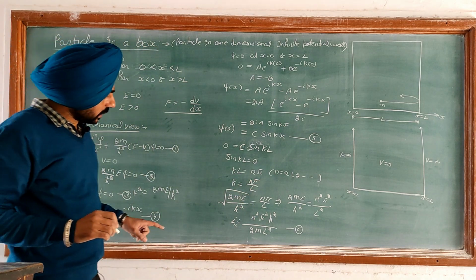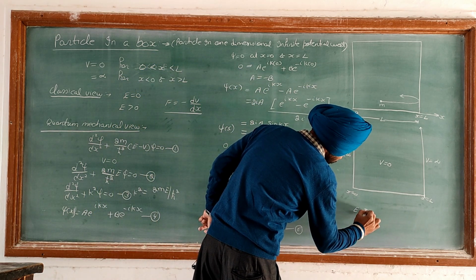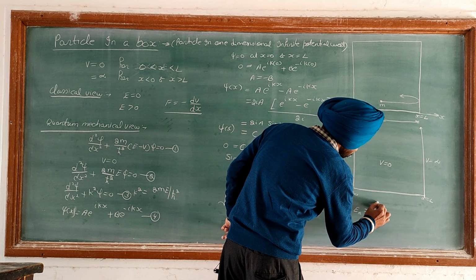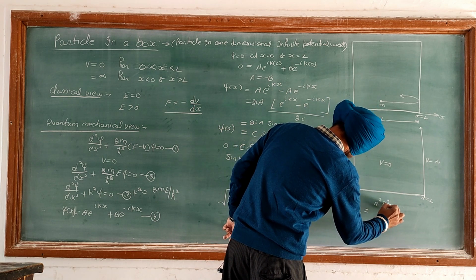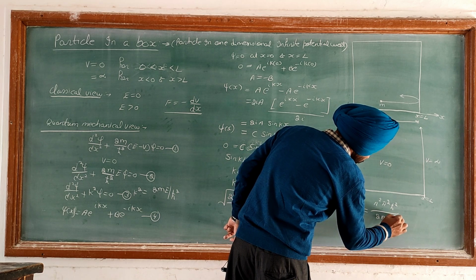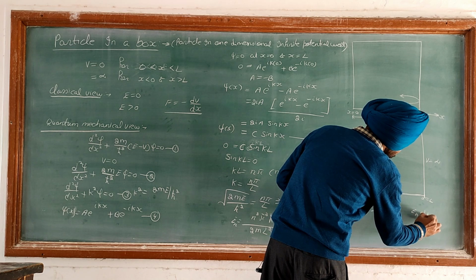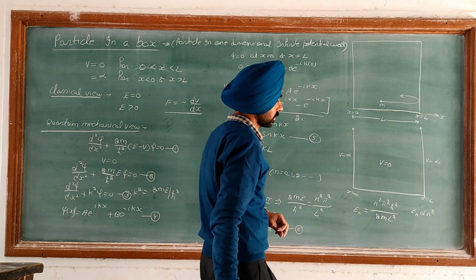Now from equation 6, En is equal to n square pi square h cut square upon 2mL square, and so En is directly proportional to n square.